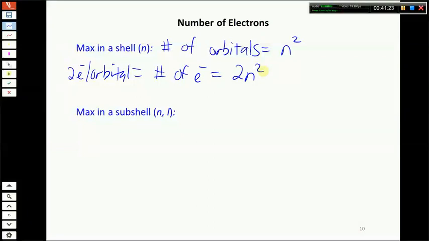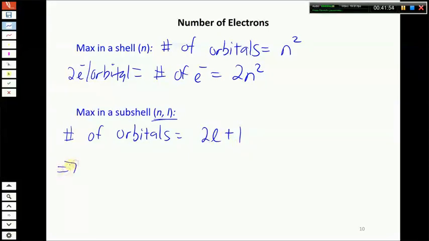All right, so again, that depends on only the value of n for a shell. And then if we go to a subshell, which is designated by n and l together, as we saw before, the number of orbitals in a subshell is given by the value of l itself. The value of n doesn't matter if you're specifying a subshell. It's going to be 2l plus 1. And again, we saw when we drew the shapes of the orbitals that there was 1 s orbital, 3 p's, and 5 d's, which comes from this relationship.